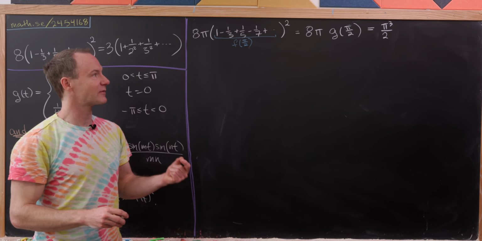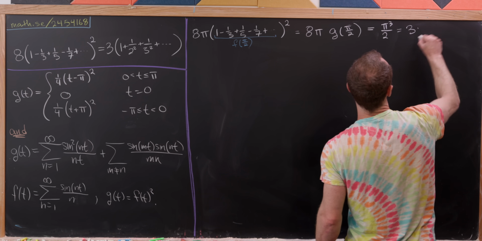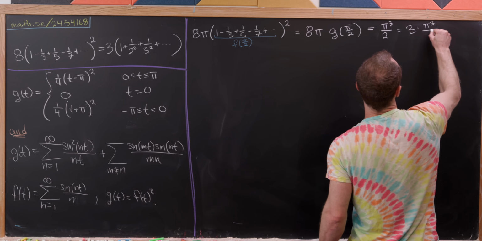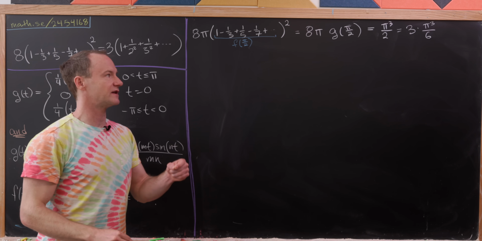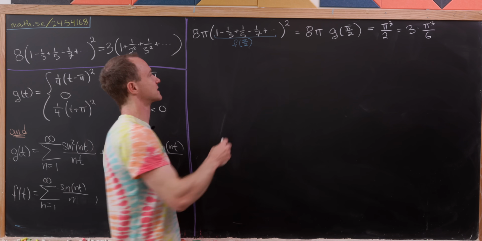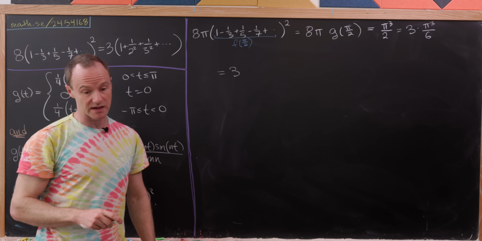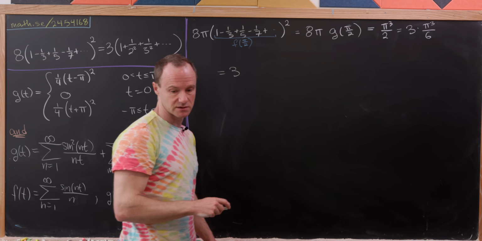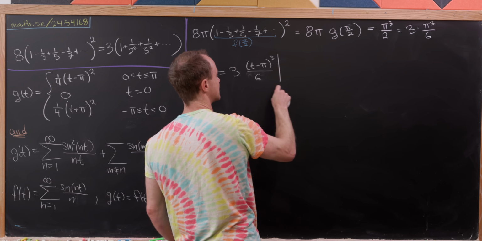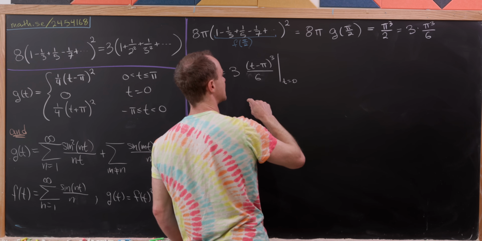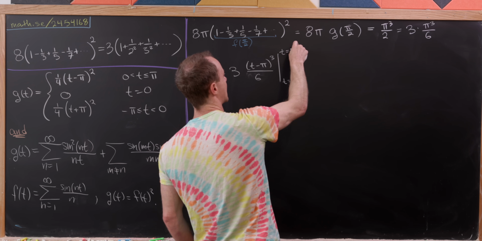And now next up, I'm going to multiply and divide by 3. So I'm going to write this as 3 times pi cubed over 6. But now that I've gotten that written as 3 times pi cubed over 6, I'm going to go ahead and take that and write it as 3 times (t minus pi) cubed all over 6, evaluated from t equals 0 up to t equals pi.